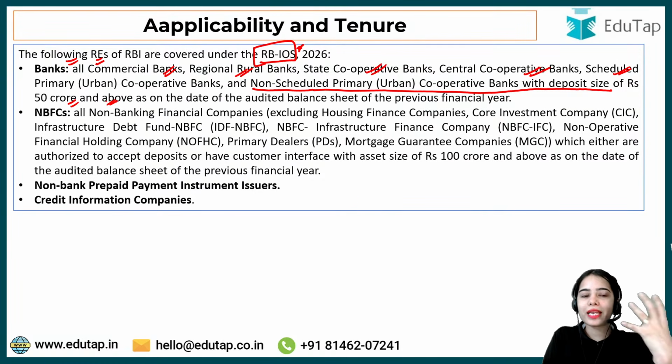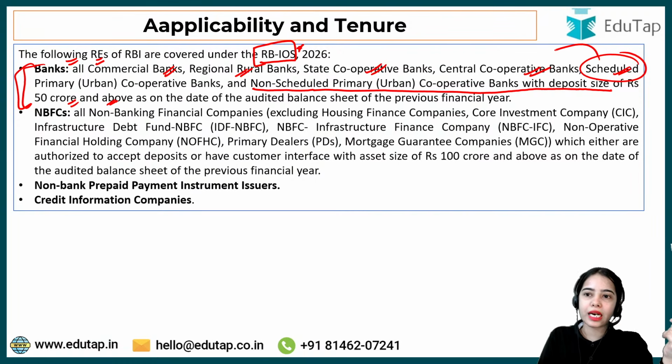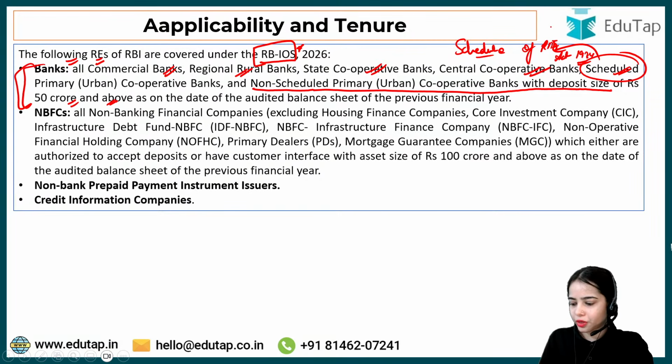So all these NBFCs and banks and such entities are included under the Integrated Ombudsman Scheme. Scheduled primary urban cooperative banks are the primary urban cooperative banks included under Schedule 2 of the RBI Act of 1934.